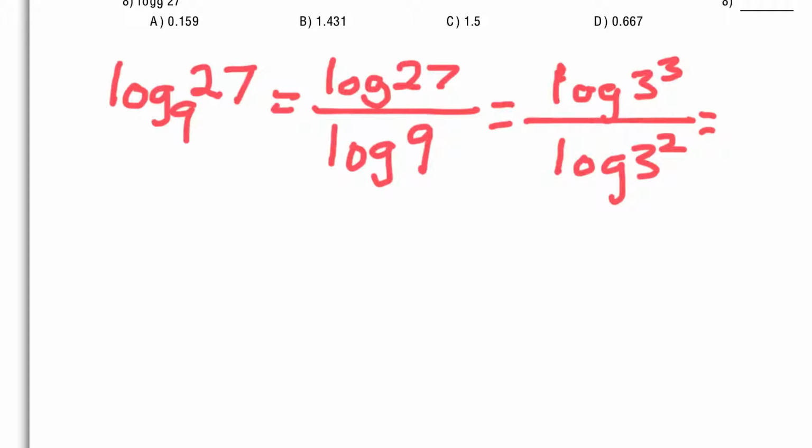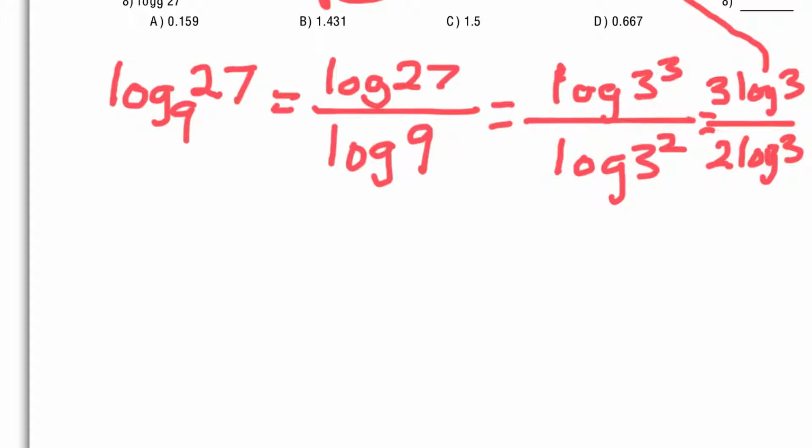And using that exponent rule, we can change this into 3 log of 3 divided by 2 log of 3. Now here you can see there's two options right here. See, we have what the log of 3 is up here. In a way we don't need it, because the log of 3 divided by the log of 3 is 1. Anything divided by itself is 1. But let's just pretend we don't know that.